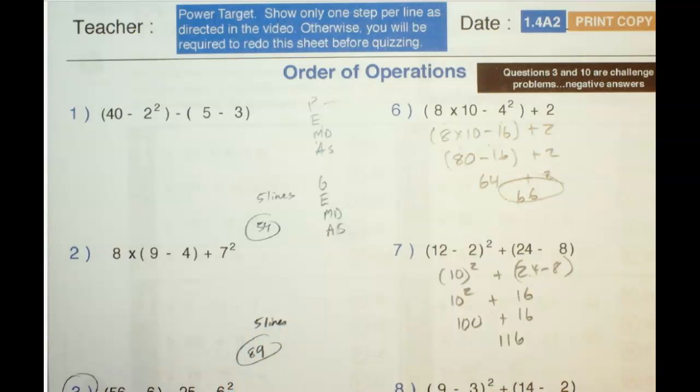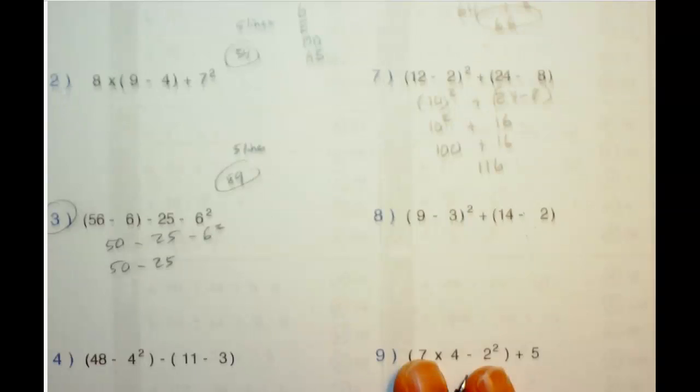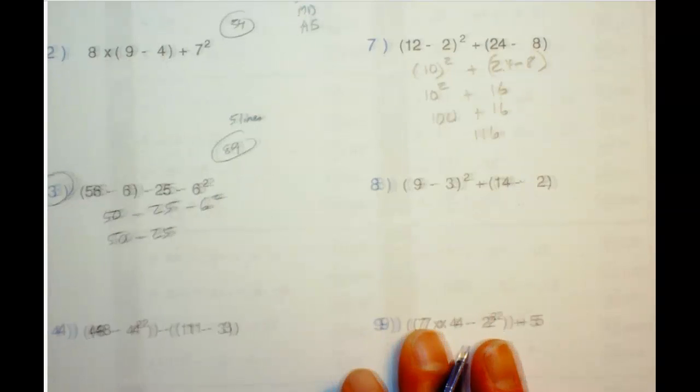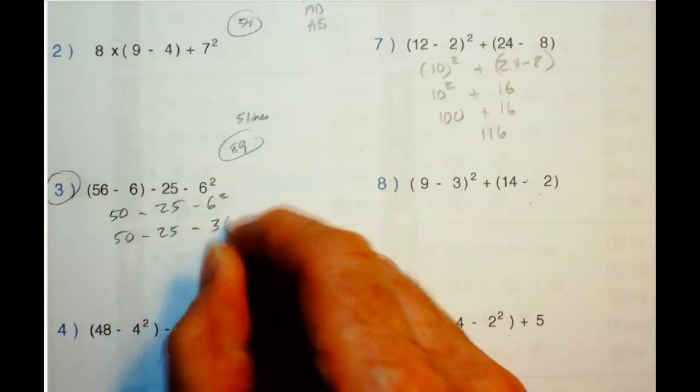Okay, this one down here, number 3, this is the negative one. So we have parentheses, so we'll do those first. So 50 minus 25 minus 6 squared. Well, we have subtraction and exponents. We do the exponents next. So 50 minus 25 minus 36.